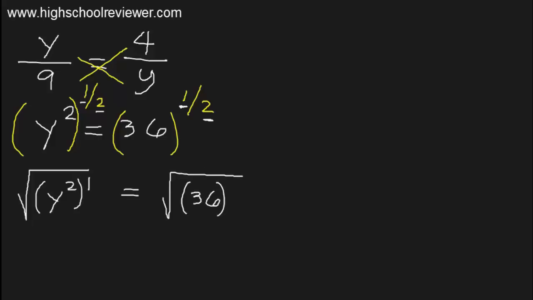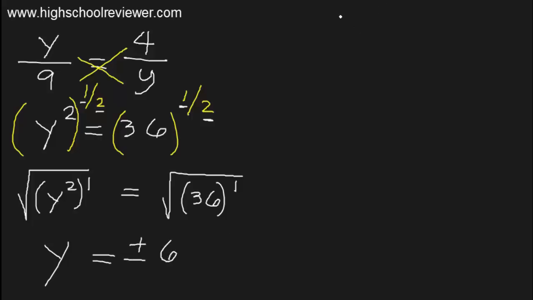Its exponent will be the numerator, and that is 1. So y raised to 2 multiplied by 1, that is still y squared. So the square root of y squared is positive y. And the square root of 36 will be plus minus 6.